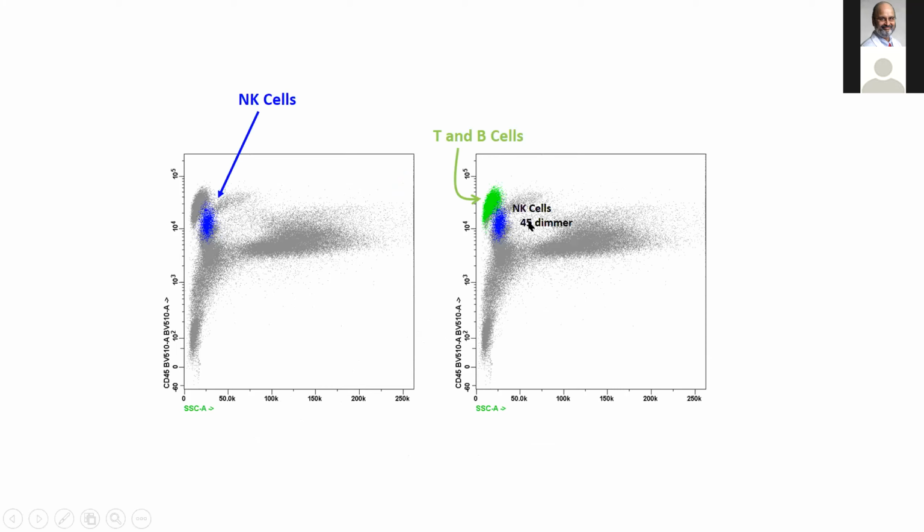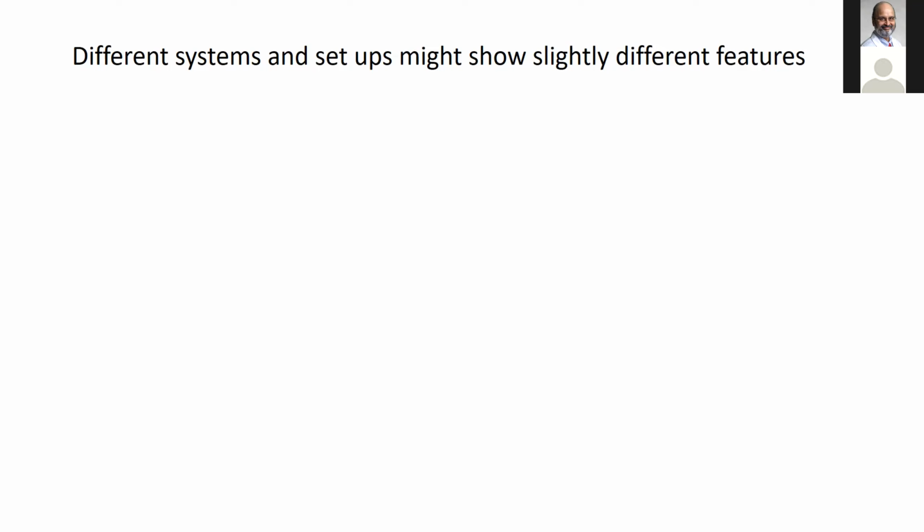Now, depending on the system and setup that you have, so depending on your flow cytometer, the fluorochromes you're using, your compensation settings, and importantly, your lysing agent, the actual expression of CD45 and the side scatter on NK cells can vary slightly.